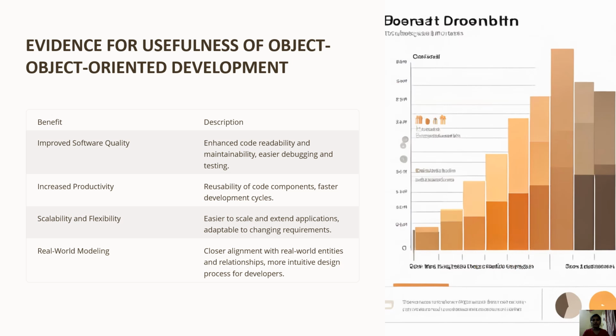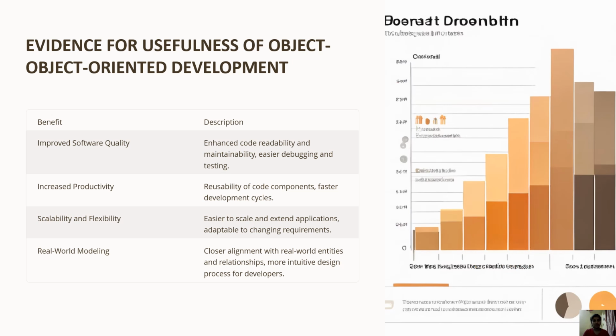We'll go through a description of each of them. Improved software quality: enhanced code readability and maintainability, easy debugging and testing. Object orientation increases software quality. It makes it more user friendly so that the code can be easily read and debugged, any errors can be found, and it is easy to test.